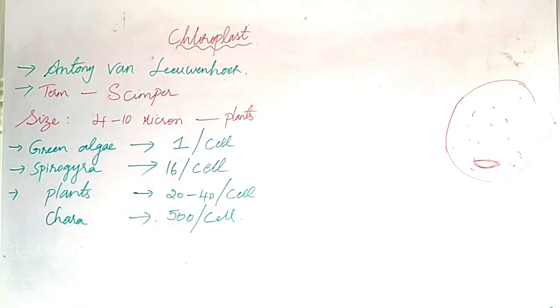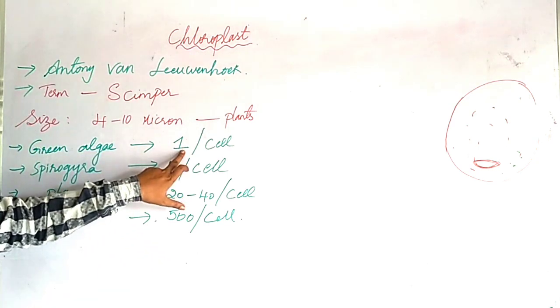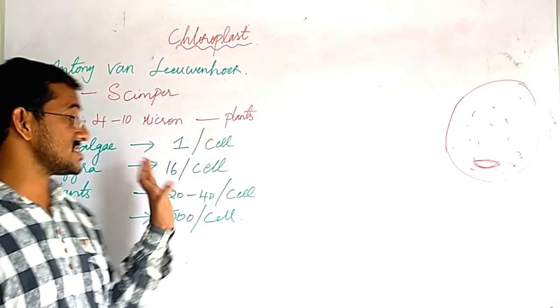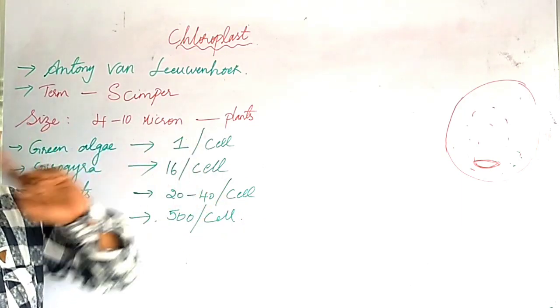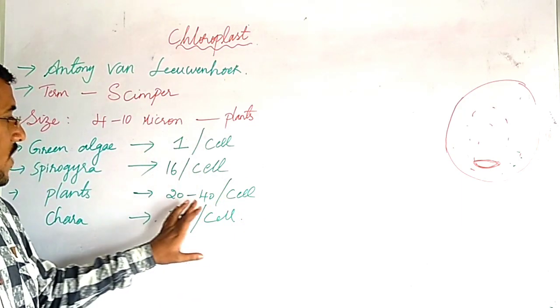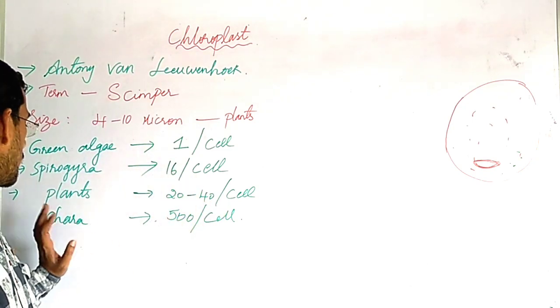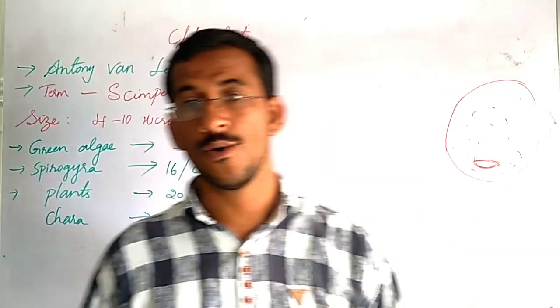So in different cells, the number is different. In green algae, one chloroplast per cell. In Spirogyra, 16 chloroplasts in one cell. In plants, one cell contains 20 to 40 chloroplasts. In Chara, one cell contains 500 chloroplasts.